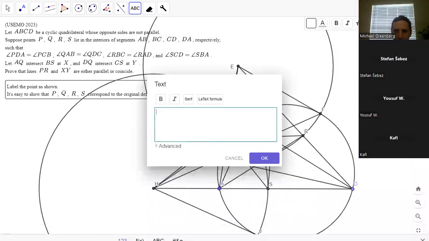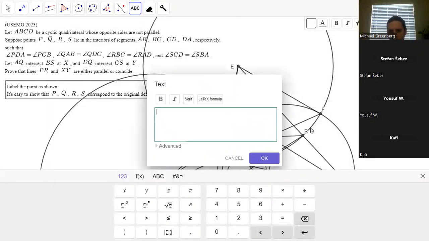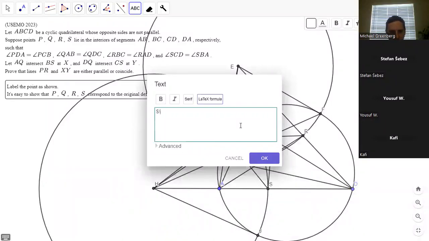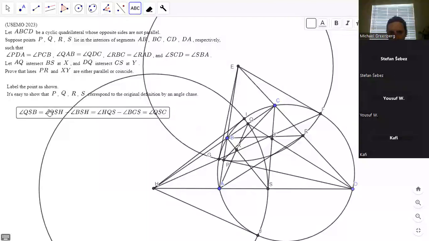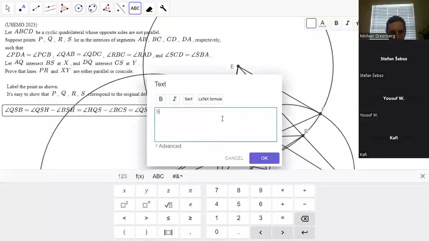So angle QSX is, and then similarly angle SQA equals angle SQV. So then we have a kite.